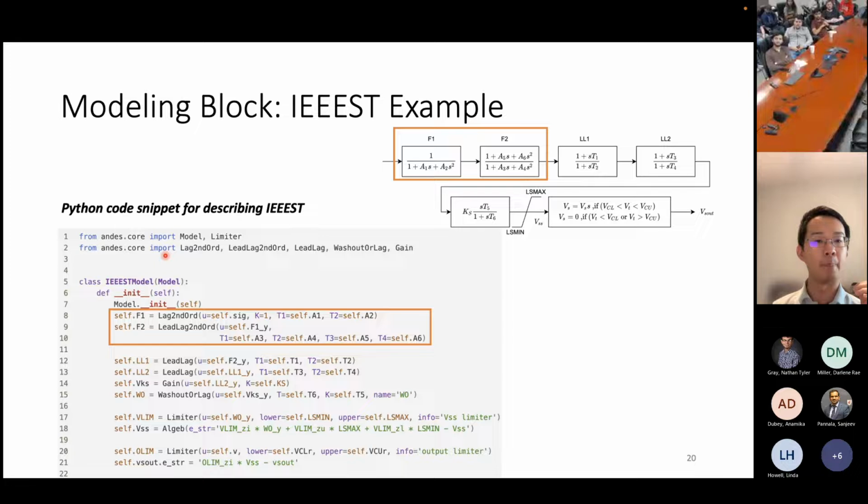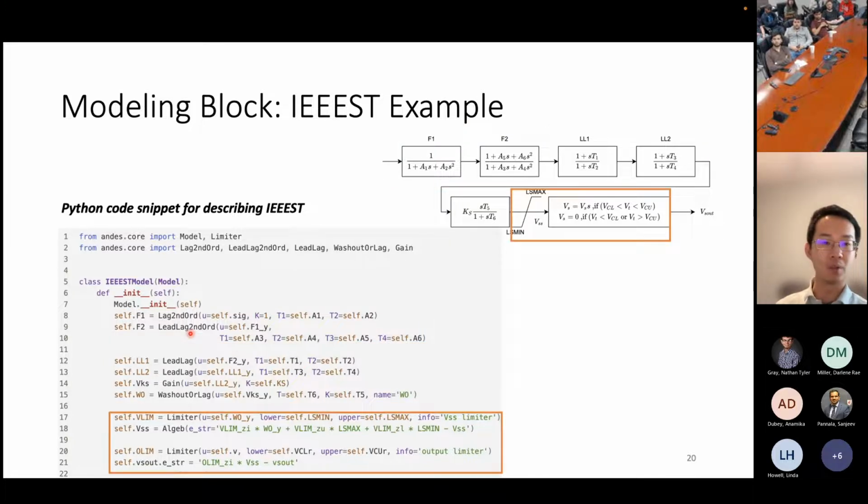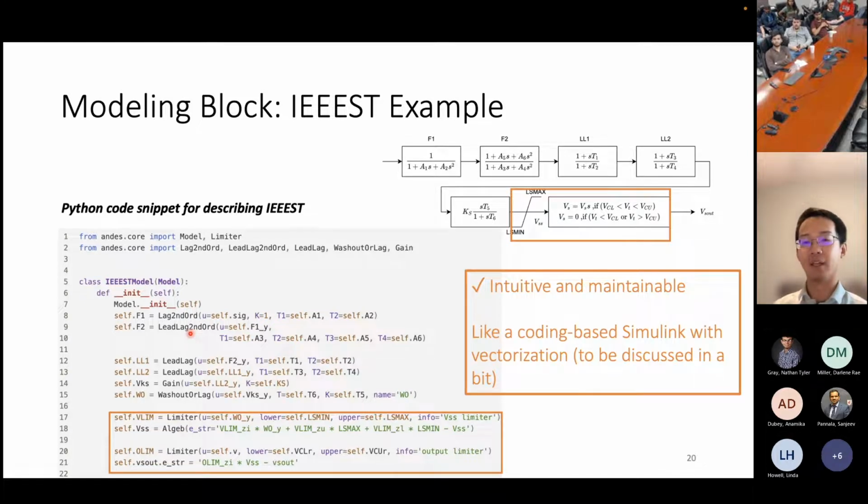They're imported from the model, and we just describe the model by declaring F1 as a lag second order, plugging in the input, the parameters, and then provide F1's output, which by convention is named F1_y, into the second block. By following this description, we basically implement the whole model. So this is overall intuitive and maintainable. Think of it as a coding-based Simulink with vectorization, which will be discussed in a bit.